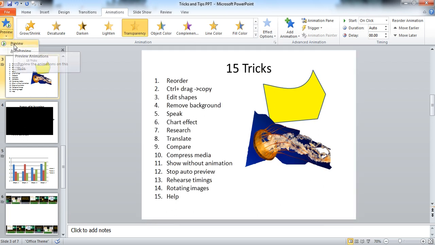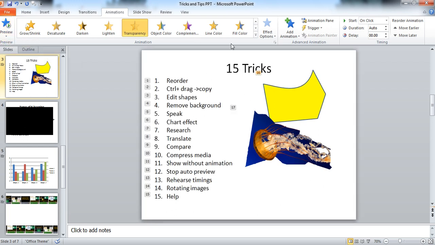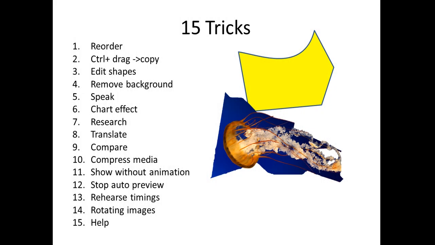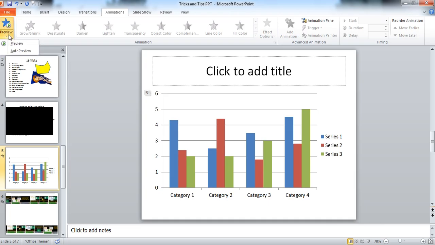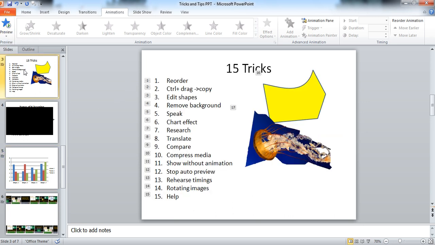Okay, you can click on this Preview, or click on the slideshow for this slide. Simply select this Auto Preview or Preview. Okay, I am using the Auto Preview option again because I like it, but sometimes it takes time. Okay.